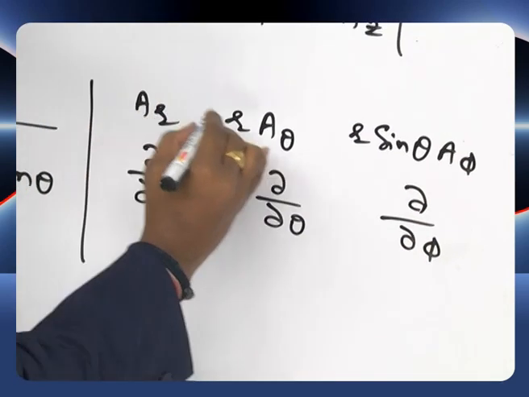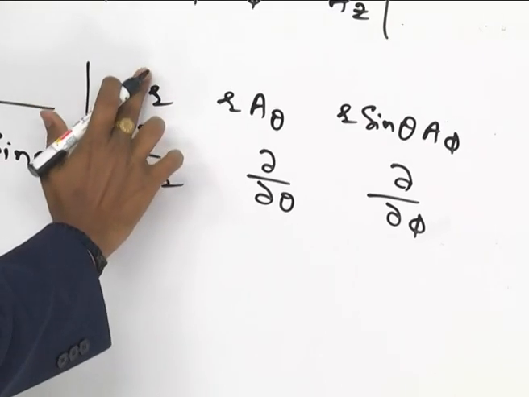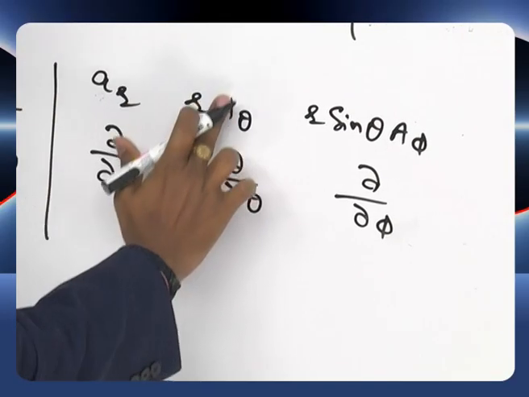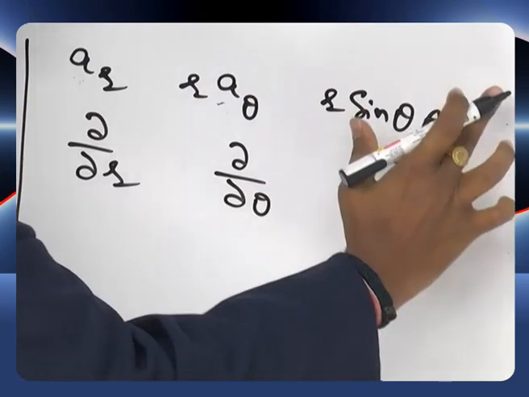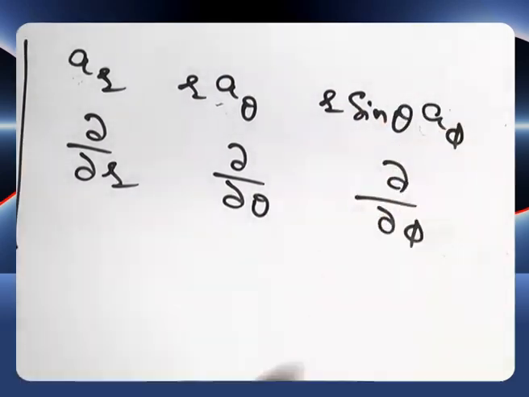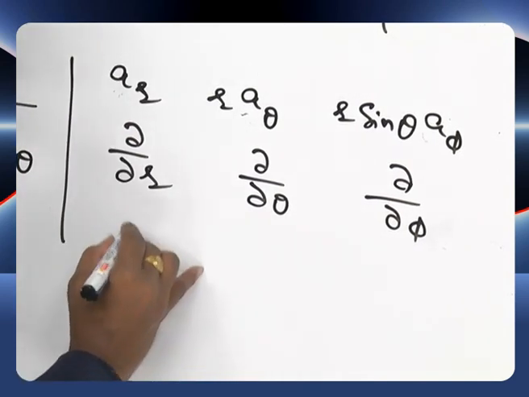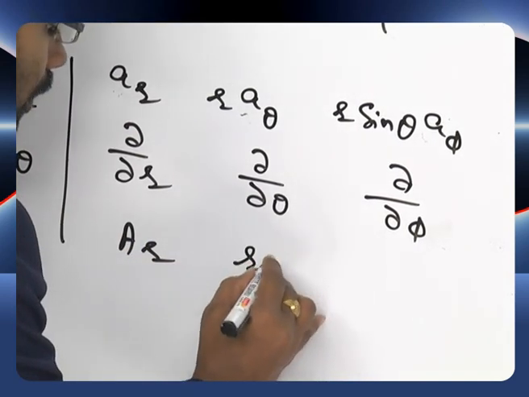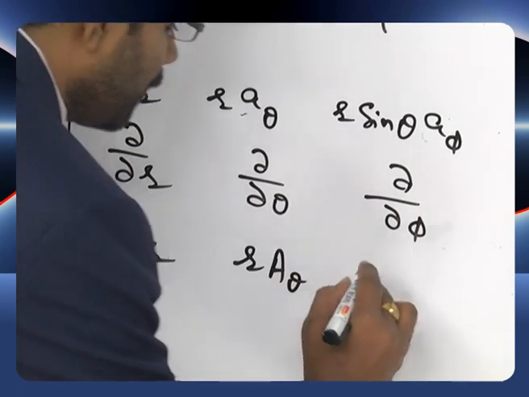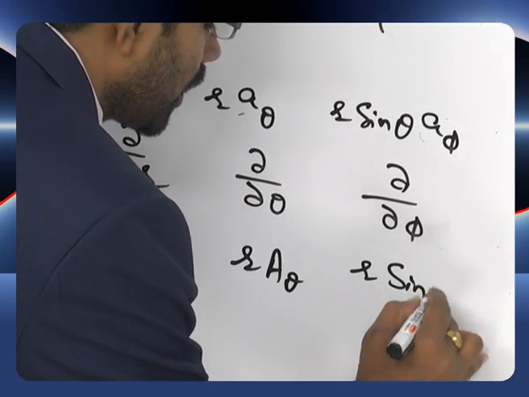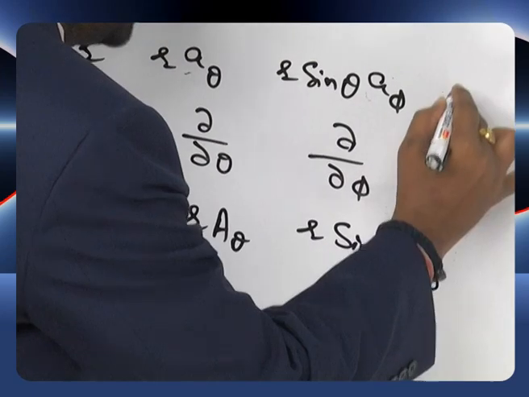This is not capital AR, sorry for the inconvenience; they are the unit vectors small ar, a theta and a phi. In the first row we need to consider the unit vectors, not the components. Here we need to consider the components. They are ar, r a theta, r sin theta a phi.